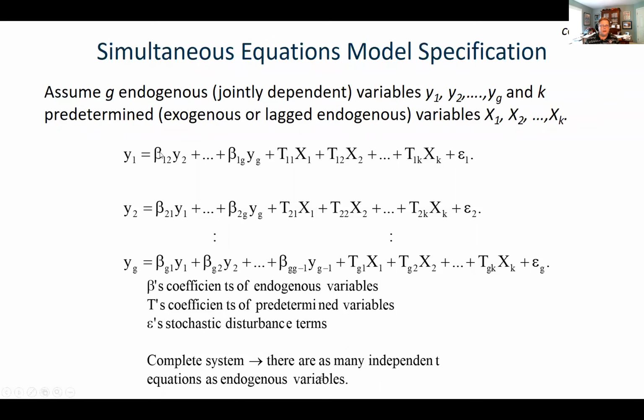Notice that the respective endogenous variables for at least some of the equations should have some right-hand side variables that are dependent variables. Now, that doesn't mean in the first equation we need all the other dependent variables, and in the second equation the same. We have to have at least some dependent variables here.